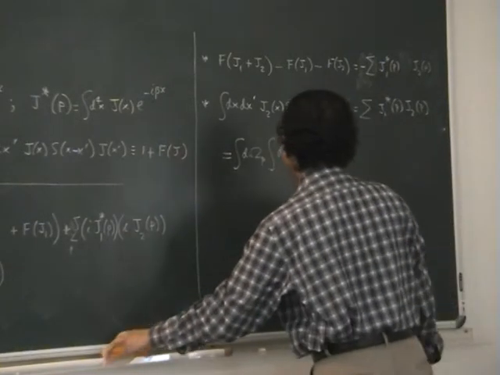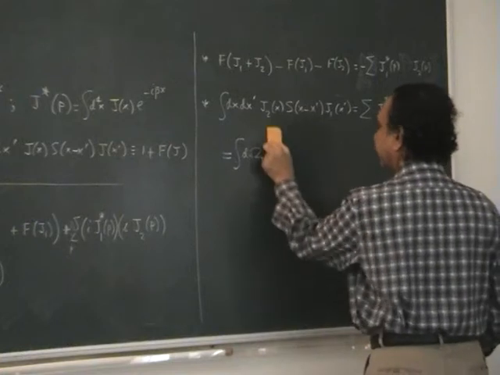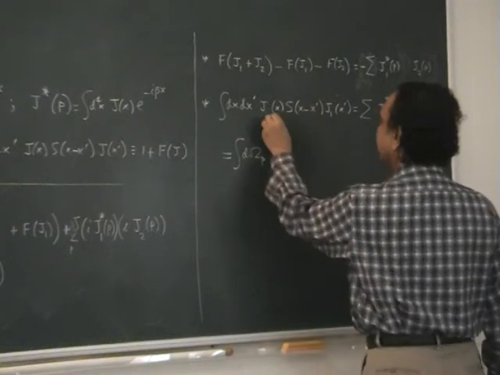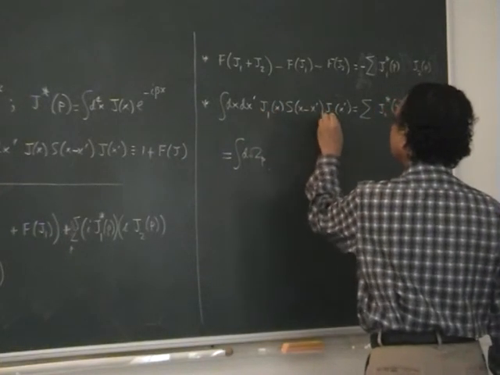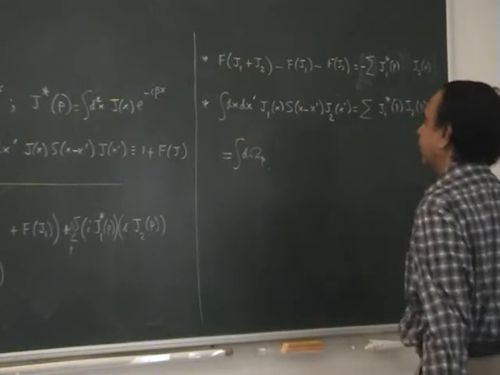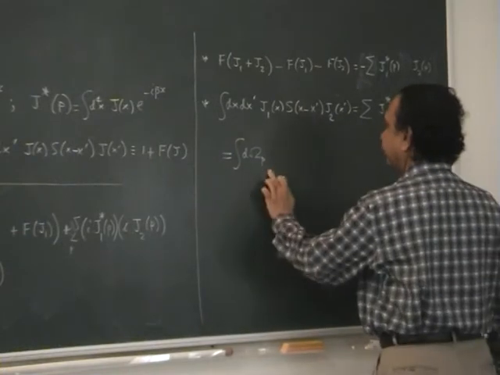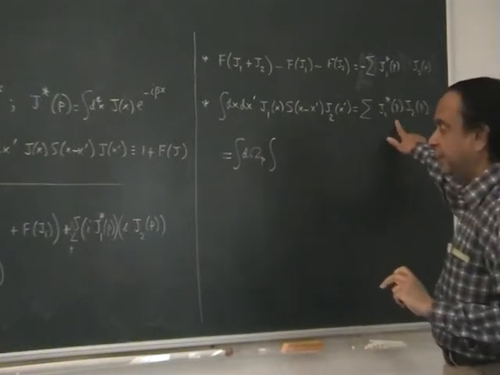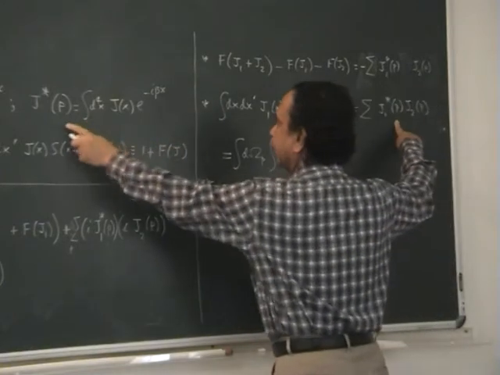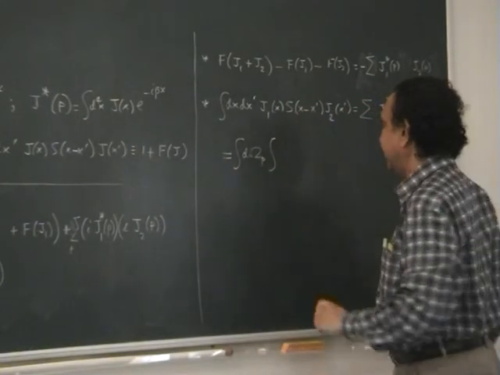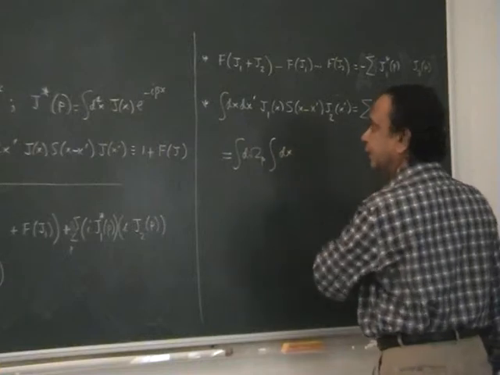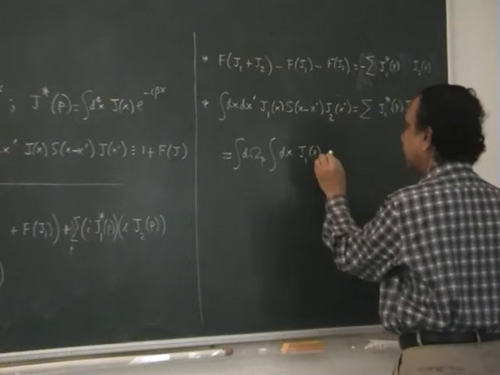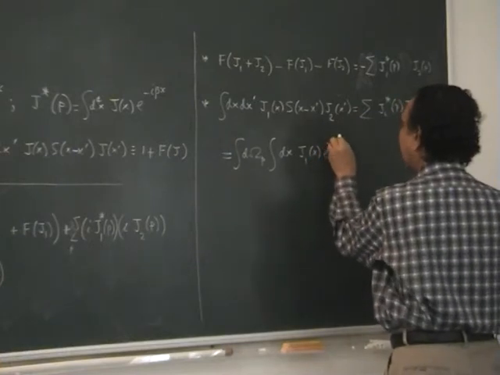Okay, it is actually nicer to write this slightly differently, because I would like to have j1 acting after j2. So let me put this as j1 and this as j2. It's symmetric anyway, so I would like to write it like this. So here I want j1 star of p. j1 star of p is given by this, and that I am going to write using x now. So it is dx j1 of x e to the minus ipx.